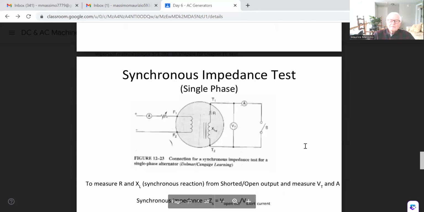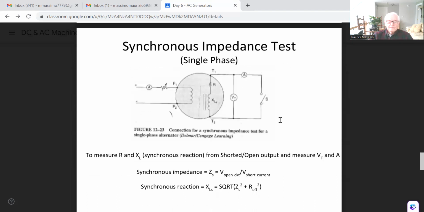We can measure that simply in a single phase by just using a voltmeter and an ammeter. We can short it out to get the short circuit current, and we'll get an open circuit EMF from the voltmeter.